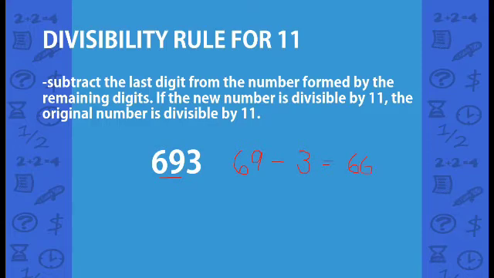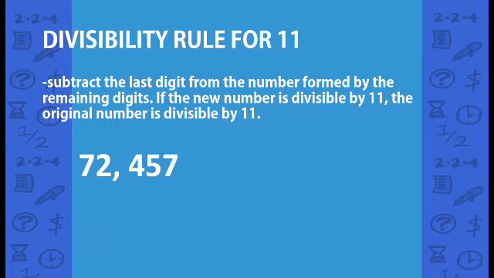So, let's see if we divide 66 by 11 and get an exact answer. So, 66 divided by 11 is 6. 6 times 11 is 66. So, meaning, ang nakuha nating sagot ay whole number, 6. So, ibig sabihin, the original number, 693 is divisible by 11.